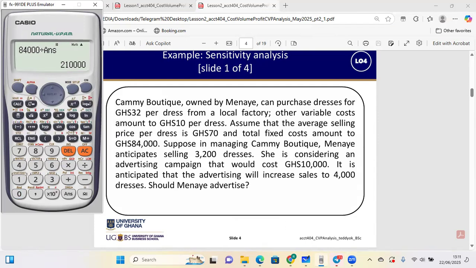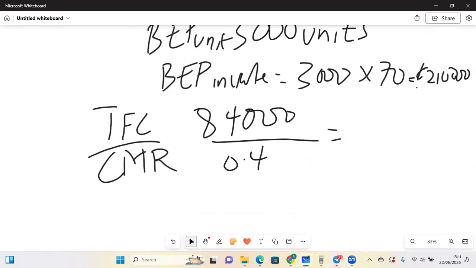Now they're asking us, suppose in managing Kami's boutique, Menaye anticipates selling 3,200 dresses. So we can do it this way and then find the profit. Profit is normally sales minus expenses, right?